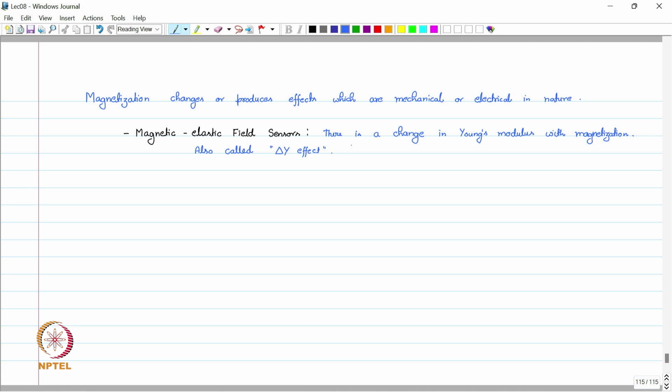And these sensors are often termed as acoustic delay line components, or ADLC.